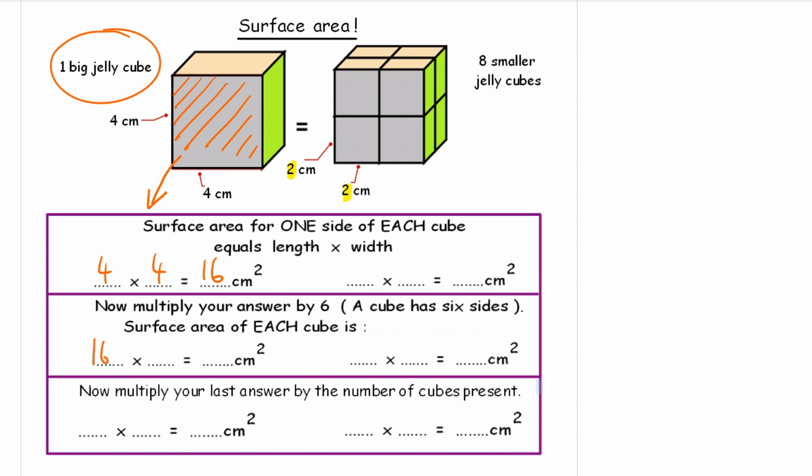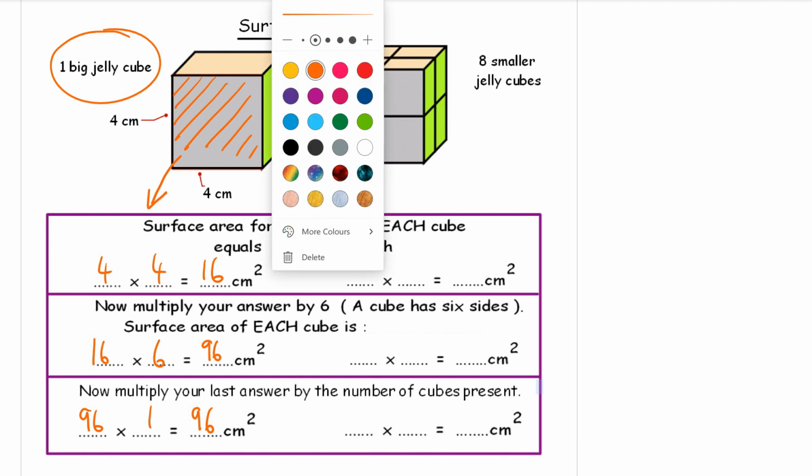So it is 16 is one side, but a cube has got 6 sides. So 16 times 6 is 96 centimeters squared. Now multiply your last answer by the number of cubes present. Well, in the big cube, there's only one cube. So it's 96 times 1, so it's 96 centimeters squared.